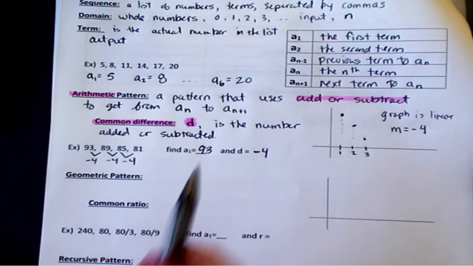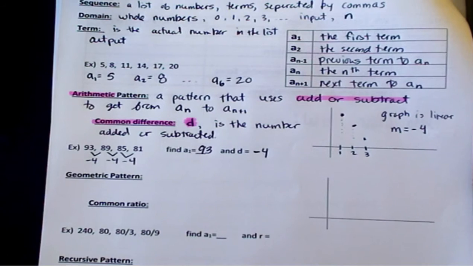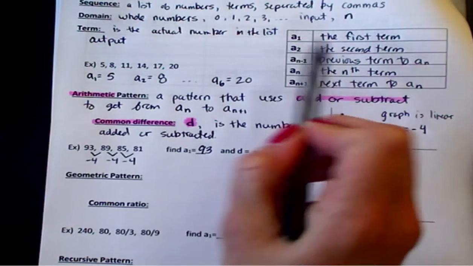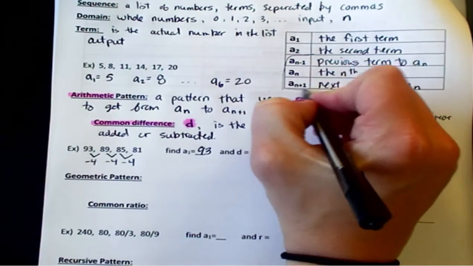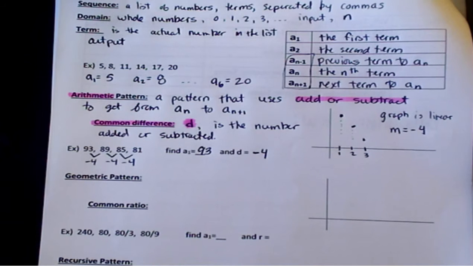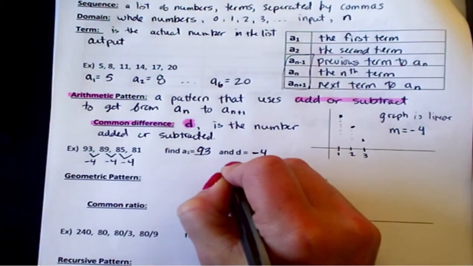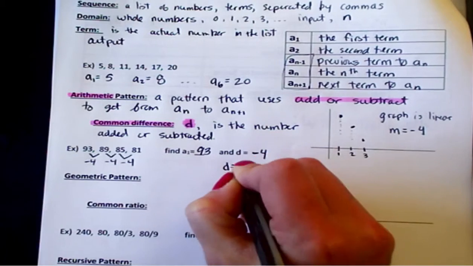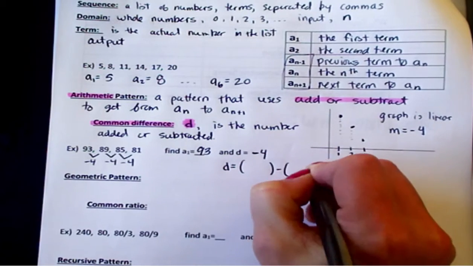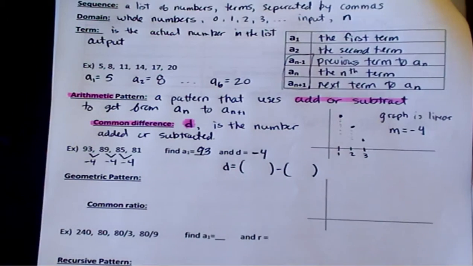All right, what about a formula for the common difference? Formula would be using one of these up here. How do you find it? Okay, so I'm going to give you a placeholder. Common difference equals, what two things do you subtract to find the common difference?